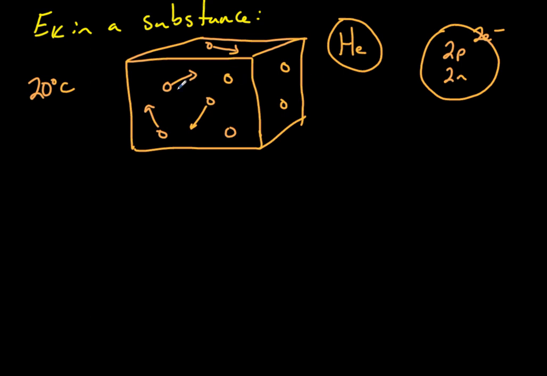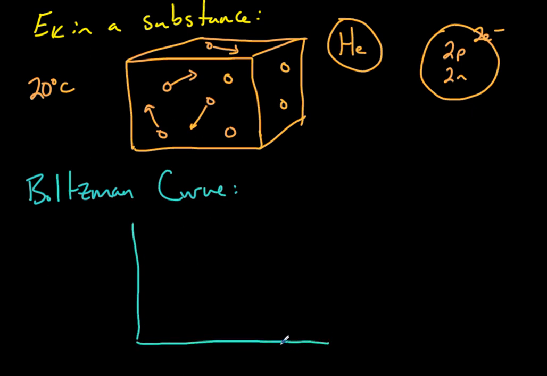Okay, so here we have this tank. Let's think about how we might have the energies distributed if we consider all of the atoms together. And this is going to generate something that is called a Boltzmann curve. It's a statistical way of thinking about the atoms that are inside this situation here, okay?